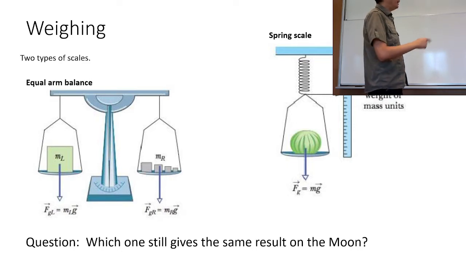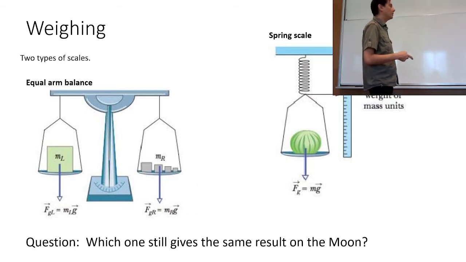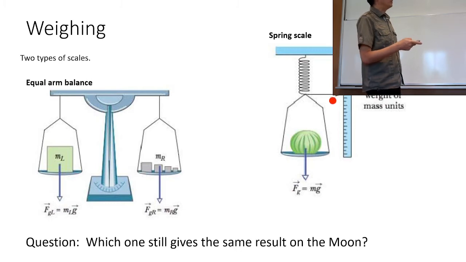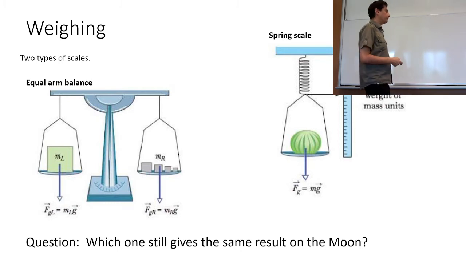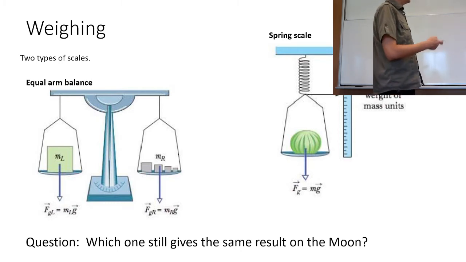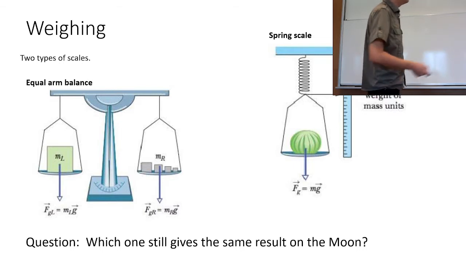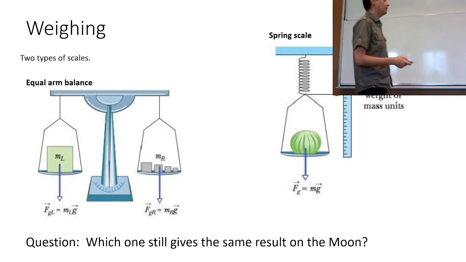These are 2 balanced scales, so one is working on different principles. One is basically balancing the gravitational forces. Another one is balancing the gravitational force with the spring force. So this one on the left will work on the moon, while the one on the right will give a different reading.